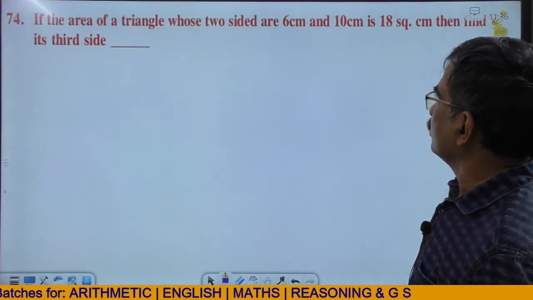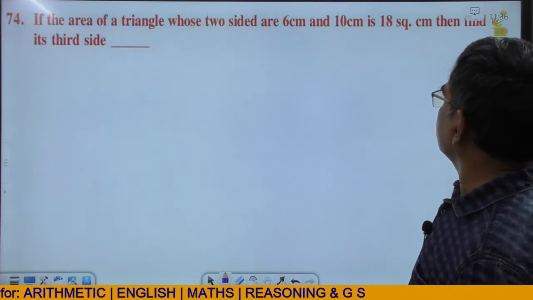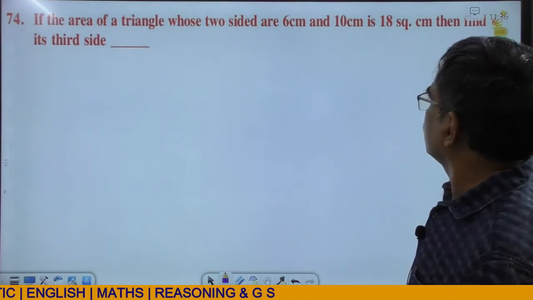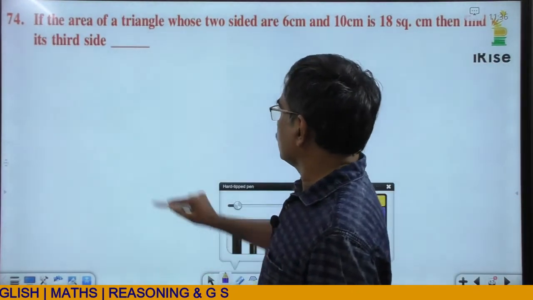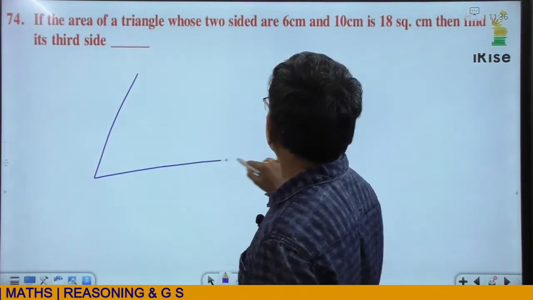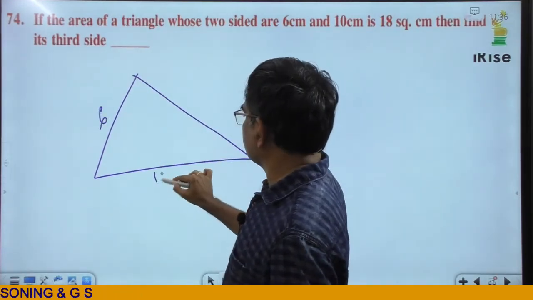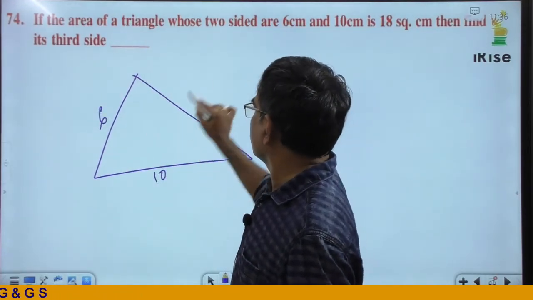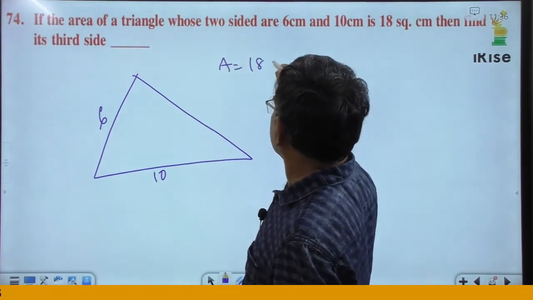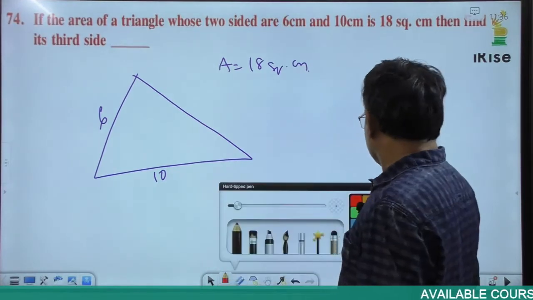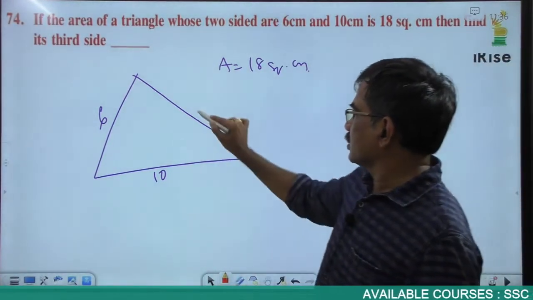The area of a triangle whose two sides are 6 and 10 is 18, then find the third side. Here this is a triangle, the two sides are 6 and 10 and the area is given as 18 square centimeters. Then what is the third side x?